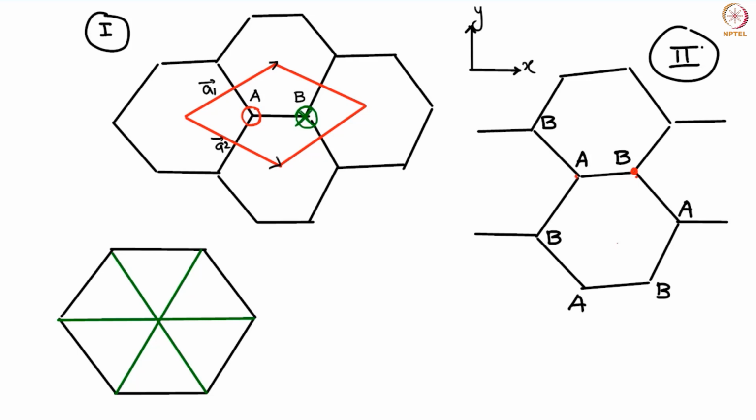Now the vectors that we are talking about, these are the 3 vectors. So this is number 1, number 2, and number 3. In the literature, sometimes you will find the name B1, B2, B3 for these vectors, and sometimes you will find the name delta 1, delta 2, delta 3. We are going to use B1, B2, and B3 here.